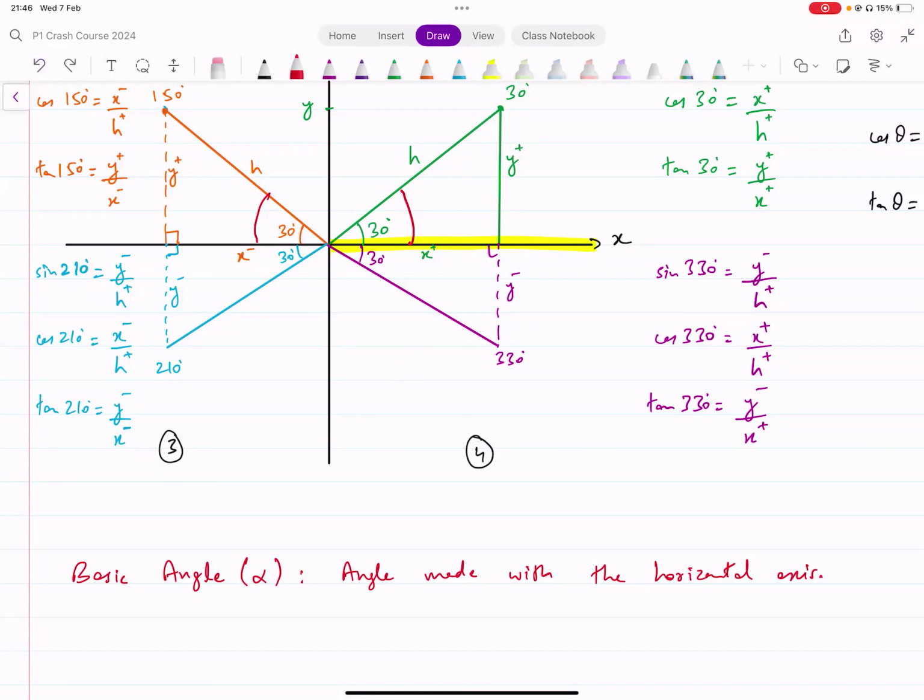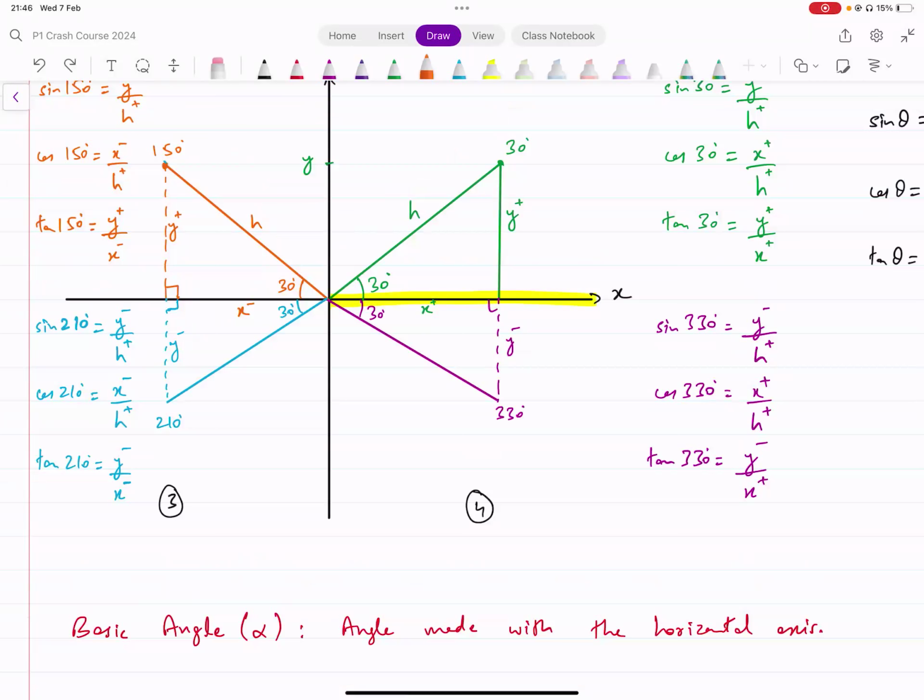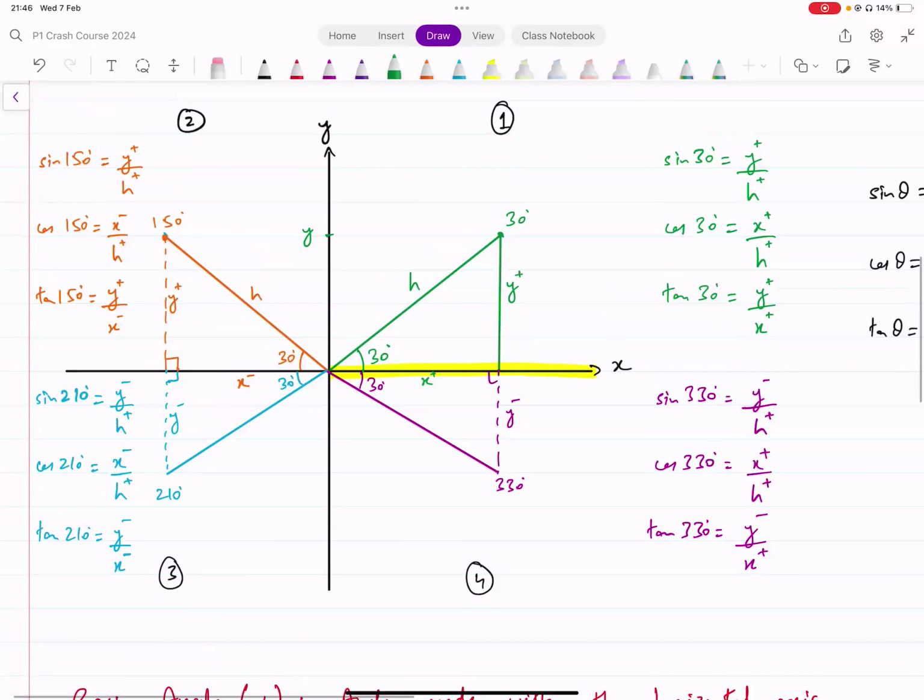So we basically say the basic angle for all of these angles that we had here, 30, 150, 210, and 330 is the same. Now that is important. Why is that important? Because if you were to find sine, cos, or tan of all of these, 30, 150, 210, 330, you would find something interesting there.